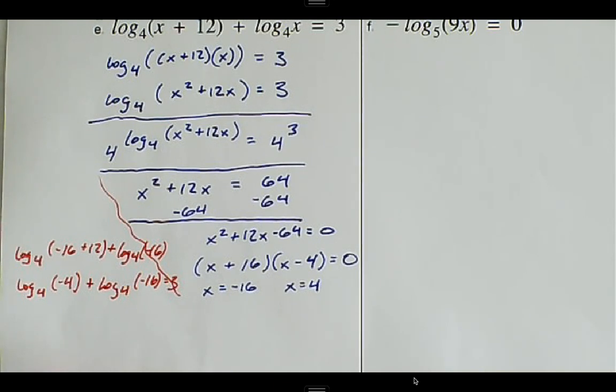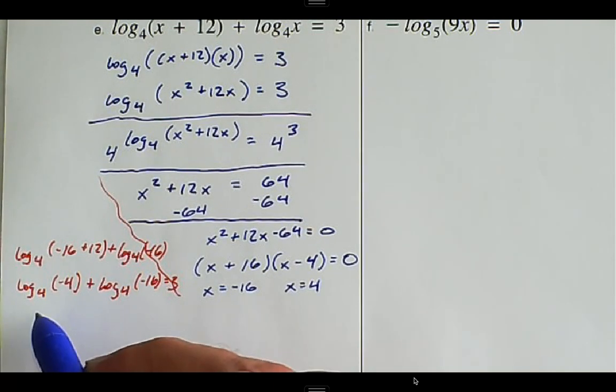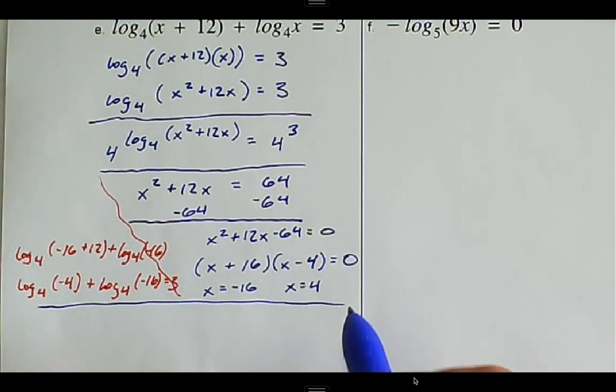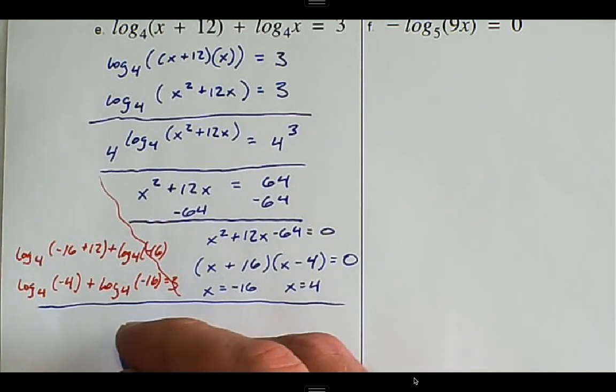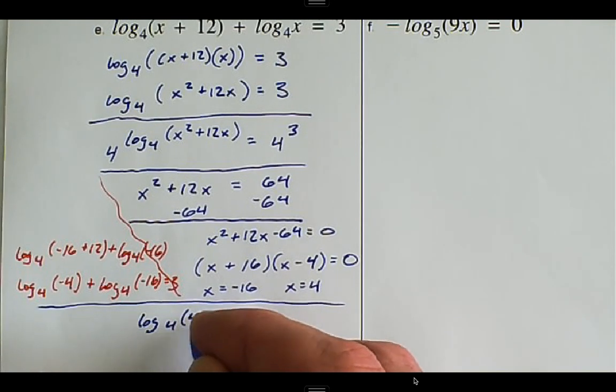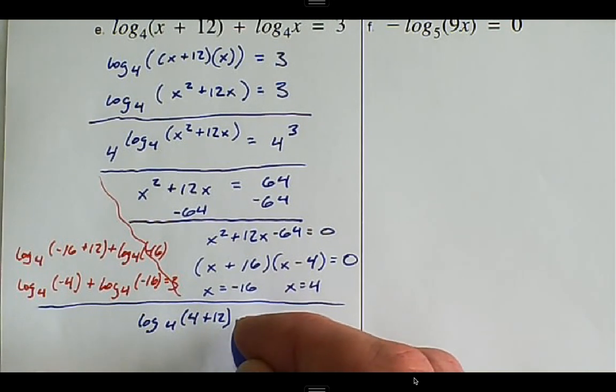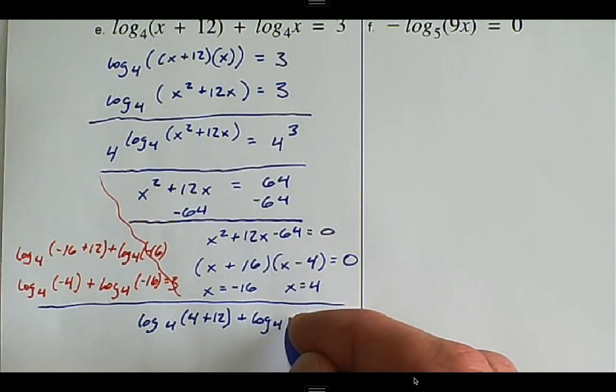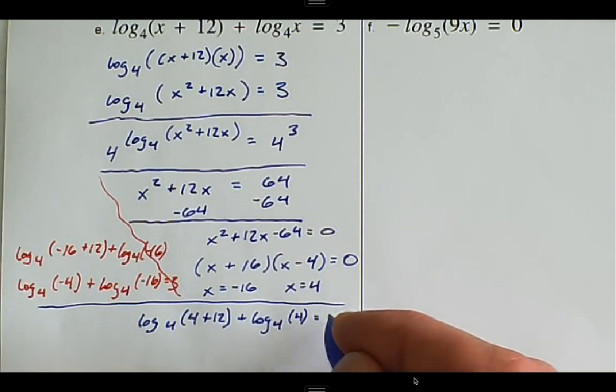So we can check our other value of positive 4. So log base 4 of 4 plus 12, plus log base 4 of 4 is equal to 3.